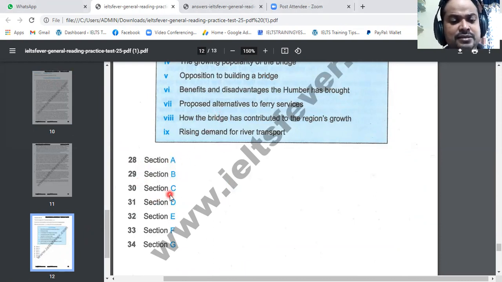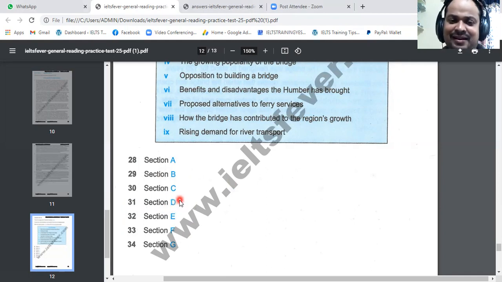Section B, what's the heading? Section C. So each question is unique. So you don't need to go with the sequence here. If you want to find the answer for 31, you won't be finding the answer anywhere in A, B, C, E, F, G. The answer will be in paragraph D. So this is the only paragraph you have to read.